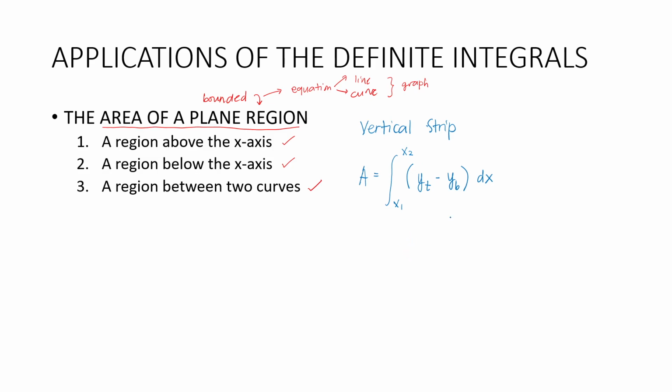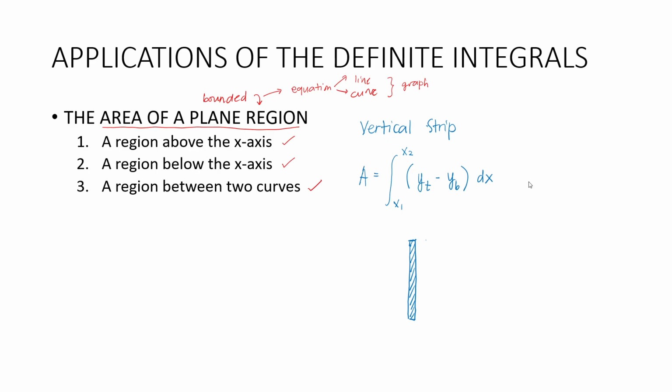If we try to draw your vertical strip, it looks like a rectangle, right? We know that the area of a rectangle is length times width. So let's orient it the other way. The length would be this one, the longer direction, and the shorter direction would be the width.